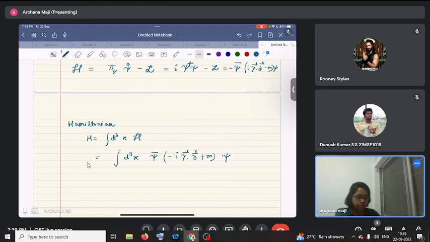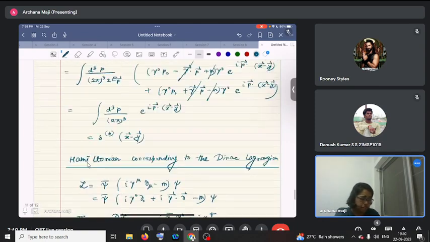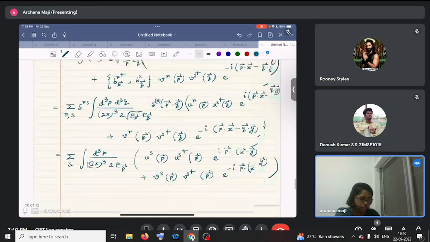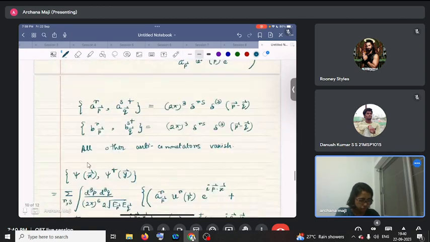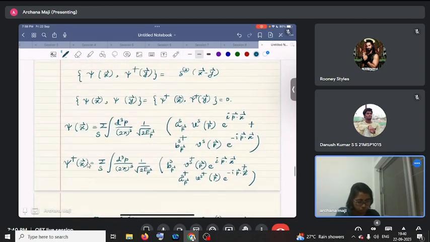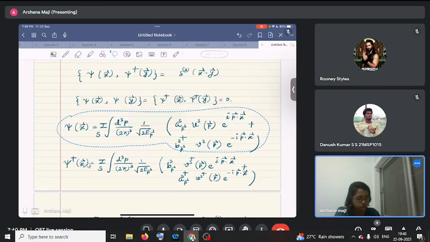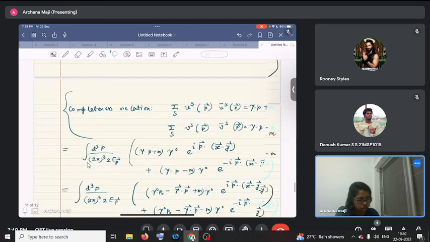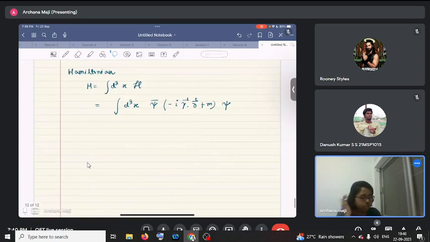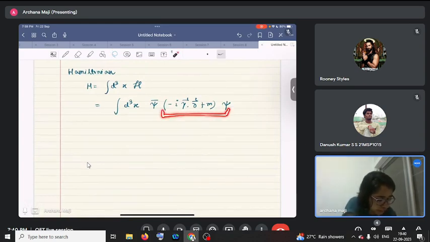We have psi, and the expansion of psi we have written earlier, so that's what we are going to use. Okay, so first we evaluate this particular part and then we will multiply by psi bar.